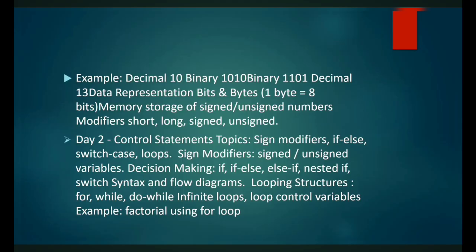For example, decimal 13 is binary 1101. Data representation covers bits and bytes, where one byte is equal to 8 bits, memory storage of signed and unsigned numbers, and modifiers: short, long, signed, unsigned.